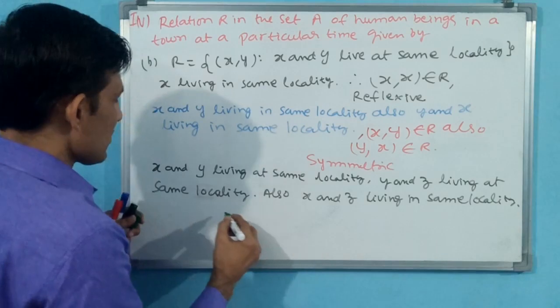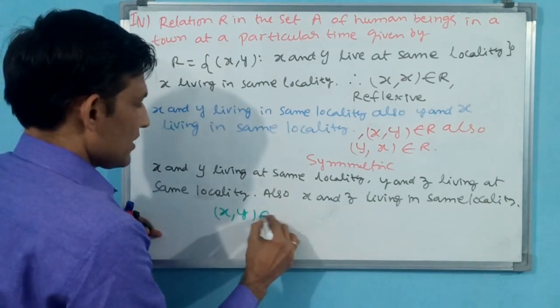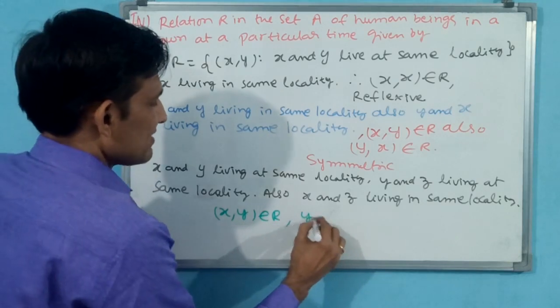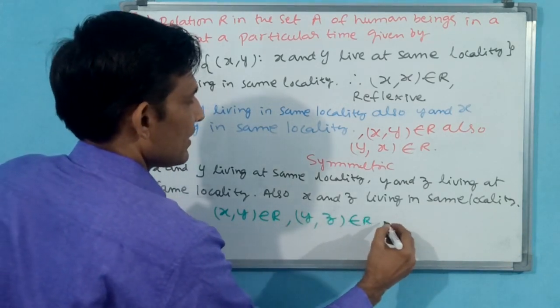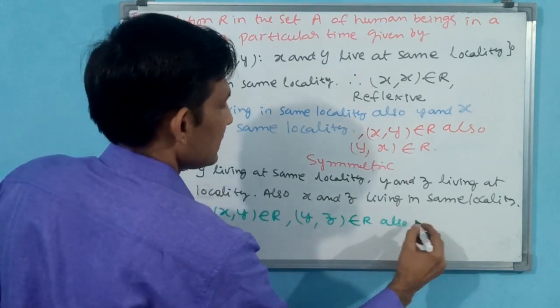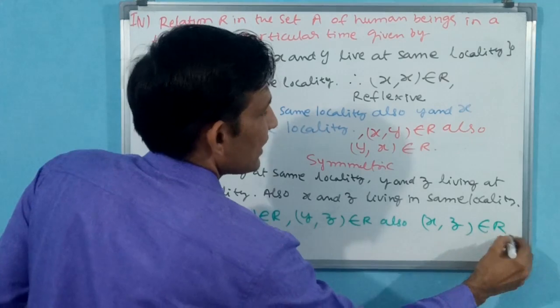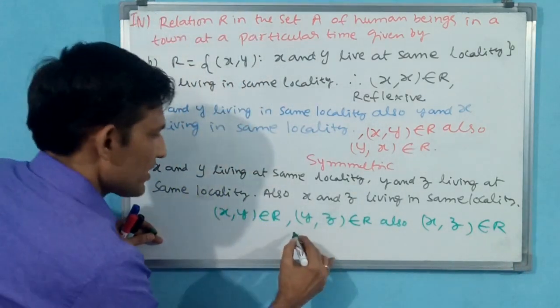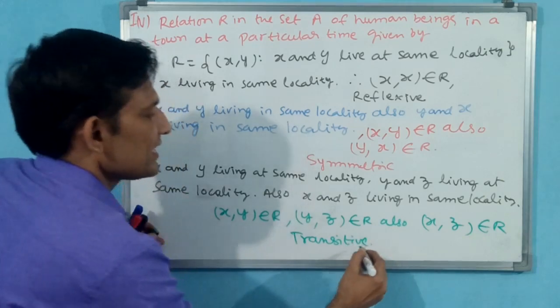That is why what you have to write? You have to write like this. You see, X comma Y belongs to R, comma Y comma Z belongs to R, also X comma Z belongs to R. Then you write transitive relation.